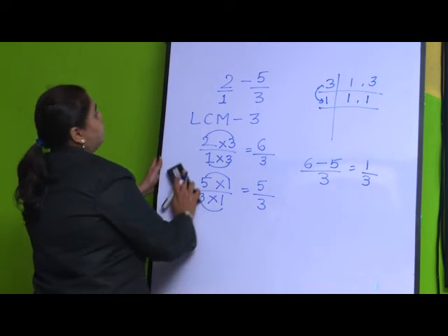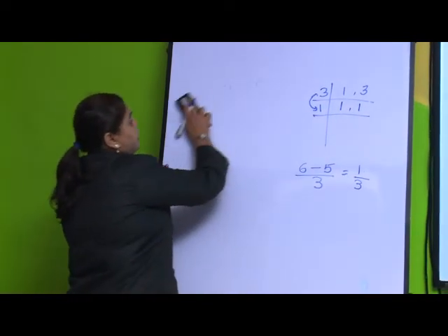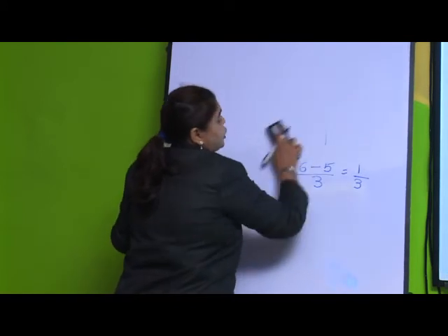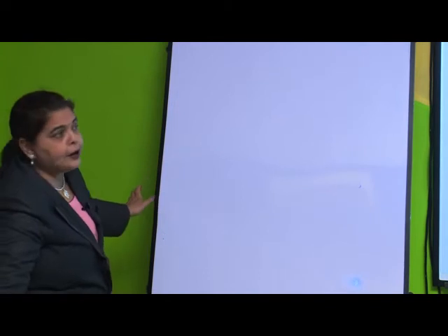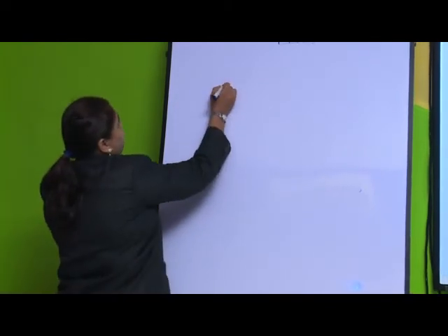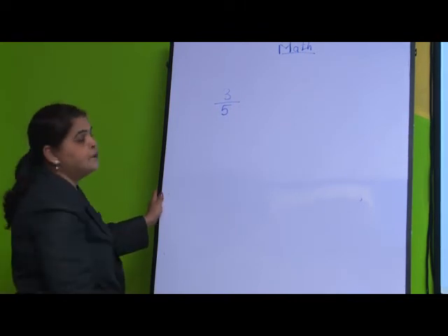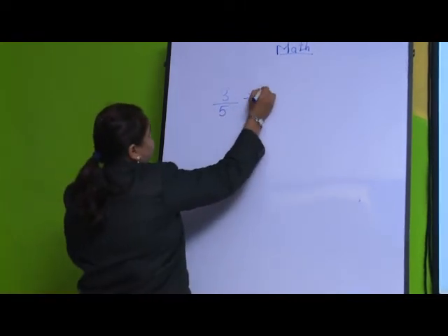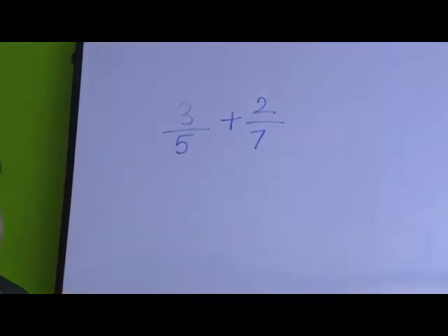Another example we will go for, having both the fractions given, and we have to do an addition of a fraction with a fraction. One more example we will try to solve is addition of a fraction with a fraction. This is 3 upon 5 is one fraction plus 2 upon 7. Now, I will give a small trick to you.